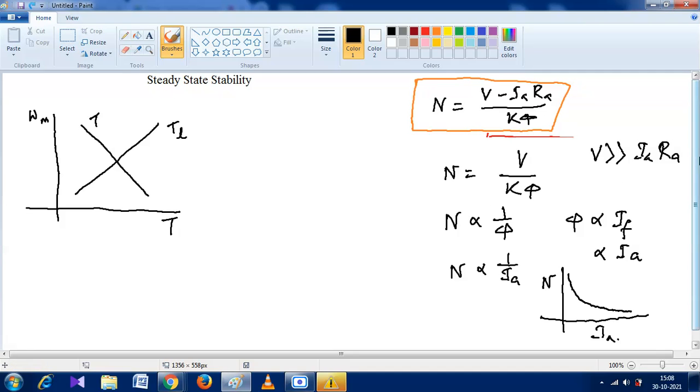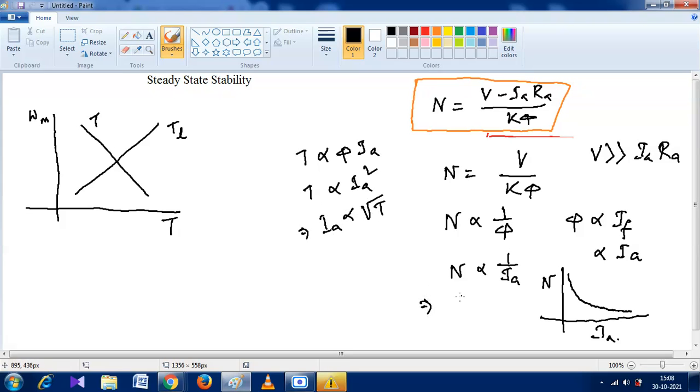And what about the torque of series motor? We know that torque is proportional to phi into Ia. In case of DC series motor, torque is proportional to Ia square. So you can say Ia is proportional to root over torque.